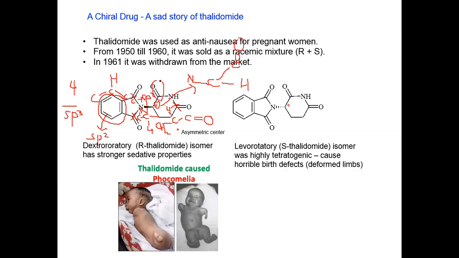Another one is here, C, H. So you have 4 different substituents on the same carbon. So this is your chiral carbon, the asymmetric center. Okay.